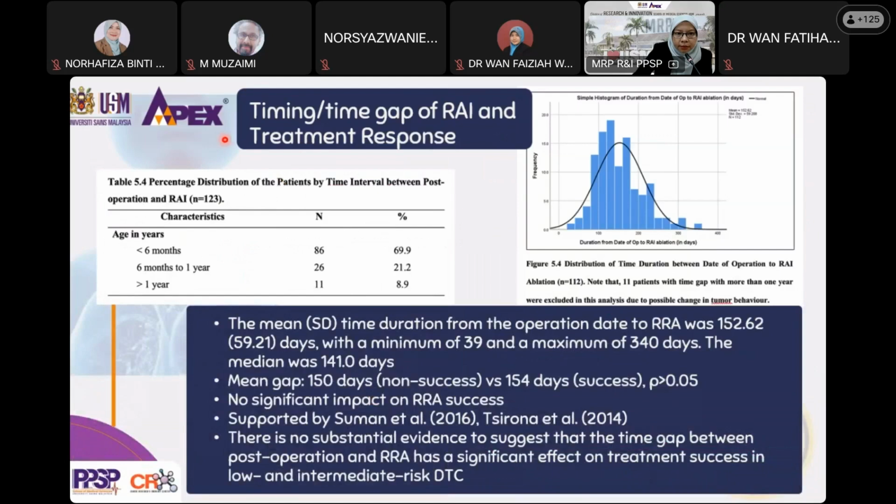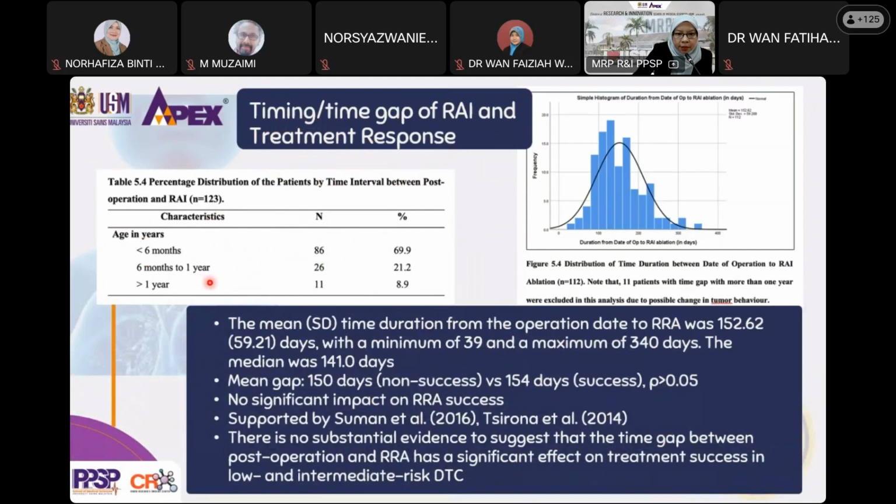So this is the correlation between timing of RI post surgery and the treatment response. We can see that most of our patients received RI within 6 months, and others received RI within 6 months to 1 year.